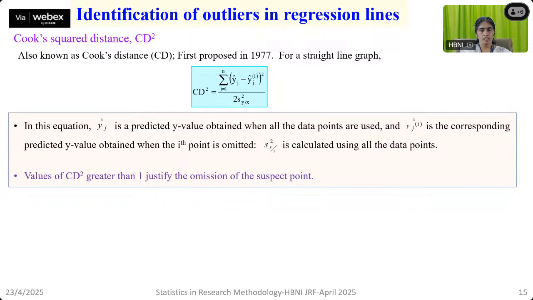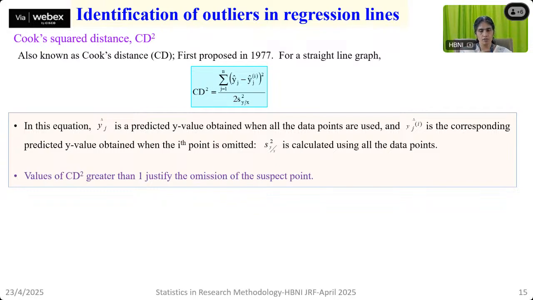While calculating the standard deviation sy by x, initially we include this yj cap and go ahead. Once we derive that the CD square, that is squared distance, is greater than 1, we come to the conclusion that the point is an outlier, reject it.